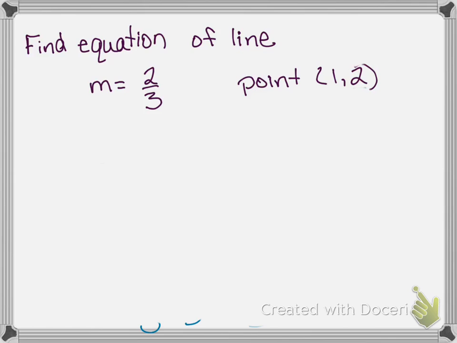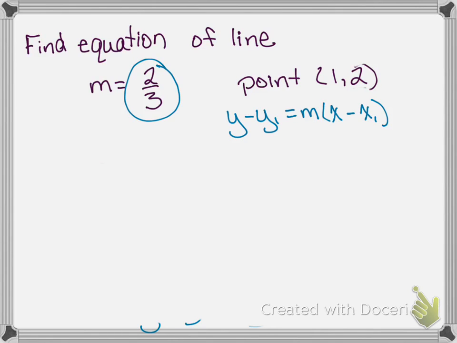What I'm going to do is use y minus y sub 1 equals m times x minus x sub 1. I am going to take my slope of 2/3 and plug it in for m. I am going to take my point (1, 2) and plug it in for x1 and y1.